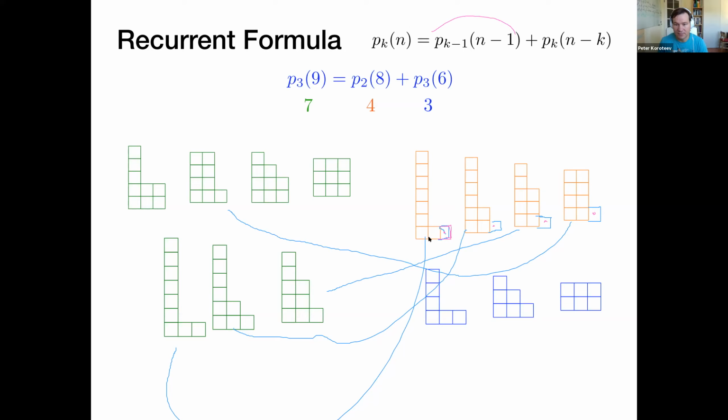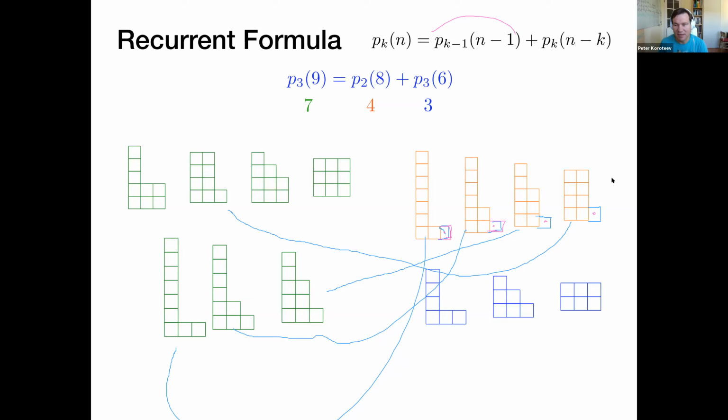So see here, these green partitions have 3 parts, orange partitions had 2 parts, but if you add those blocks like this, we will turn them into 3 parts. So just to remind you, the part is just the number of blocks in each column, right? It's the height.